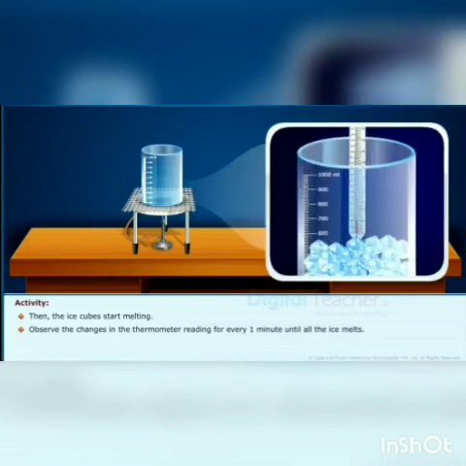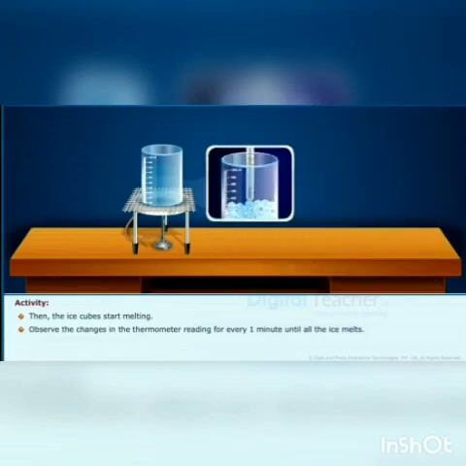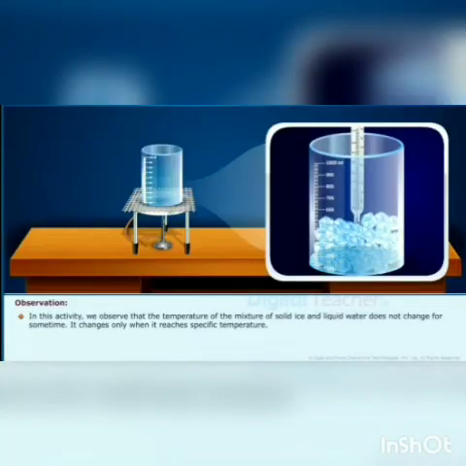Then the ice cubes start melting. Observe the changes in the thermometer reading every 1 minute until all the ice melts. In this activity, we observe that the temperature of the mixture of solid ice and liquid water does not change for some time.